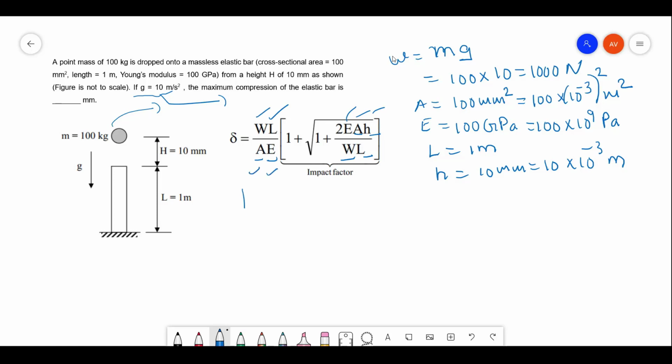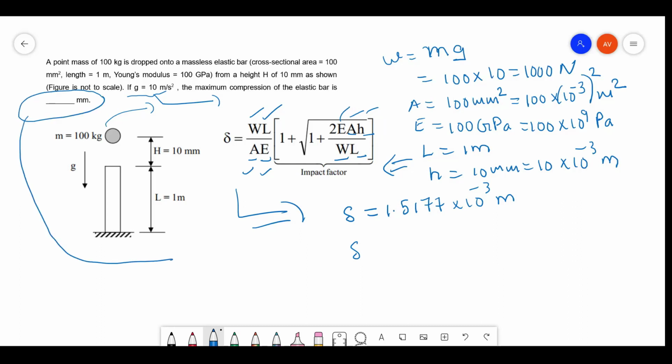You already have all these values converted. When you substitute and solve, you get delta equal to 1.5177 into 10 raised to minus 3 meter. They are asking for the answer in mm, so you have to convert back again.